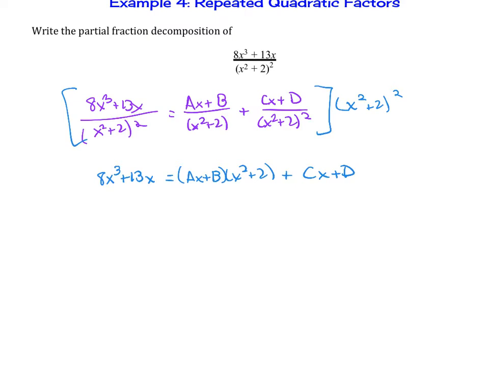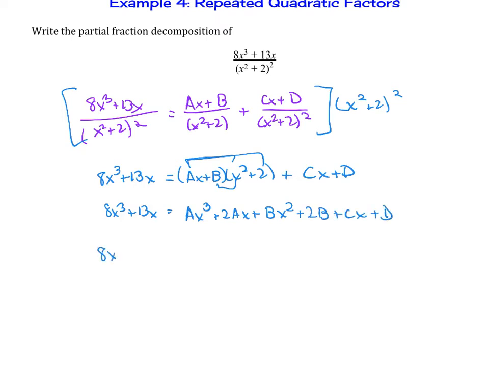Then we need to write it in polynomial form. So let's distribute. This is ax cubed plus 2ax plus bx squared plus 2b plus cx plus d. Let's group like terms.